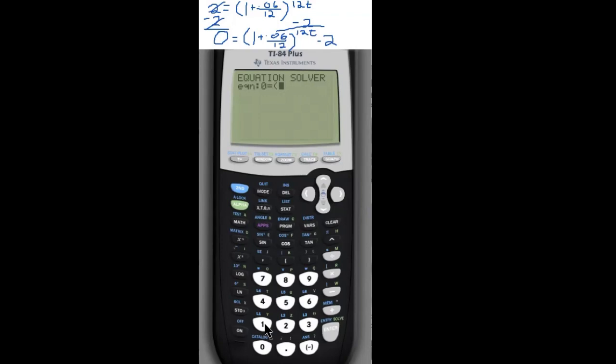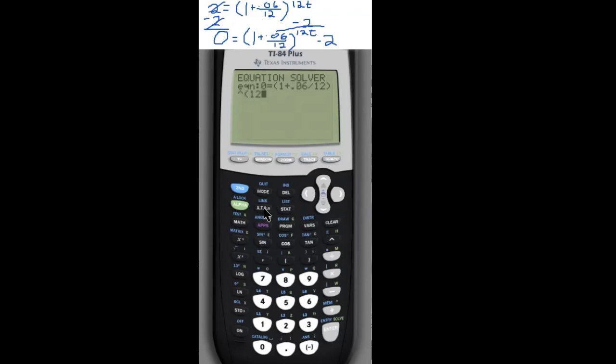So we can put open parentheses 1 plus 0.06 over 12, close parentheses, and then we can use this caret button for to the power of, and then we can put open parentheses 12.